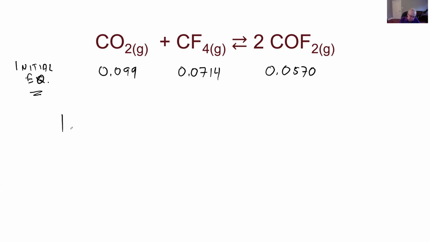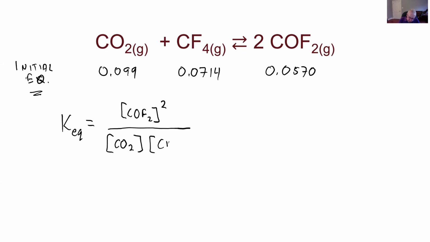So I'm just going to say now my KEQ, my equilibrium constant for this, what in the textbook is often referred to, or in the OWL things, as Kc, where C is for concentration, because you can also write these things in terms of pressures, but we're not doing that for our purposes here. COF2, that's squared. That's because I've got 2 moles of that on the product side. I've got CO2 and CF4 from the reactant side, right?